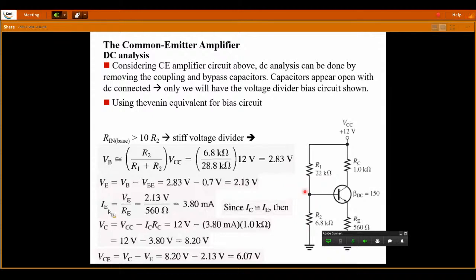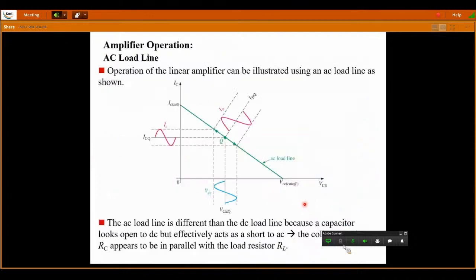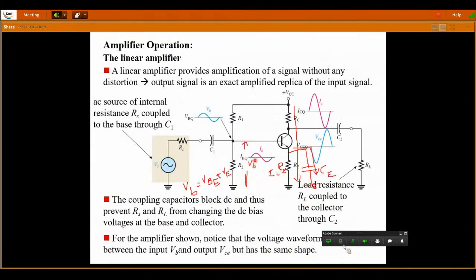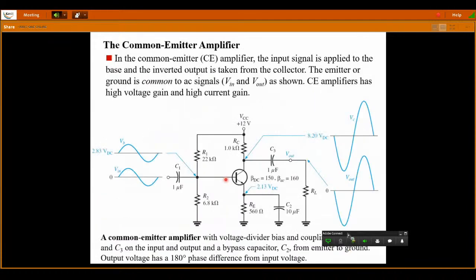Compare the circuit slide with this. The left part of the circuit, which included one signal source, one source resistance and one coupling capacitor, is replaced with an open circuit in the DC analysis.